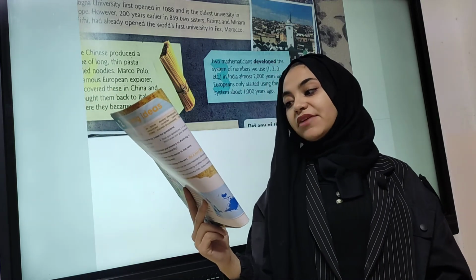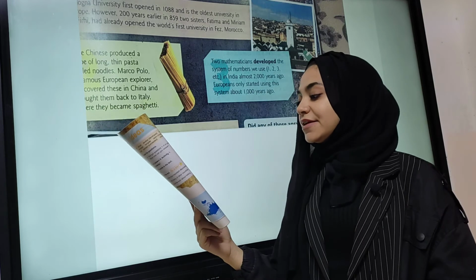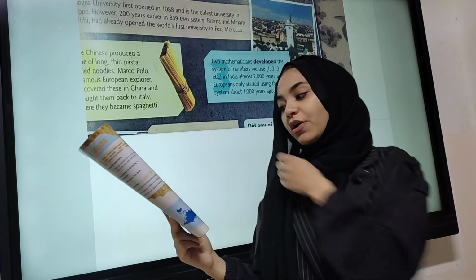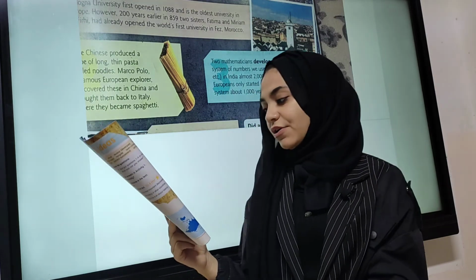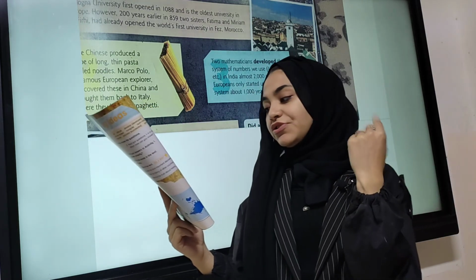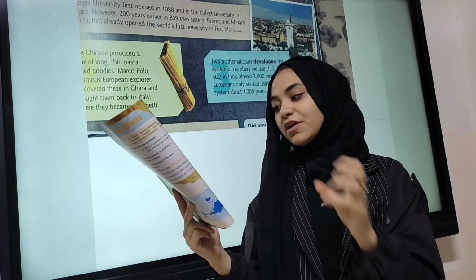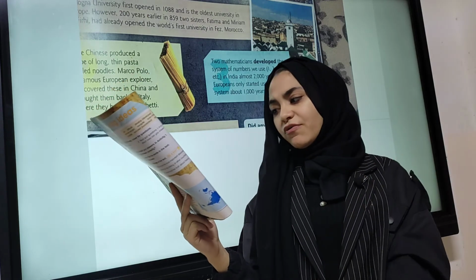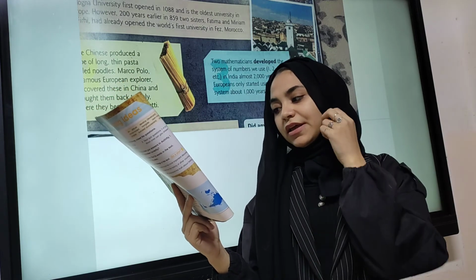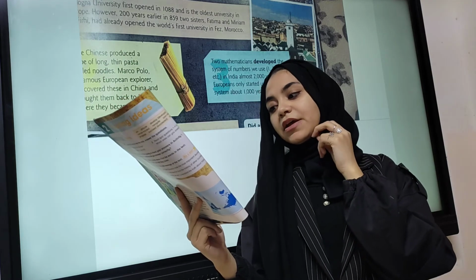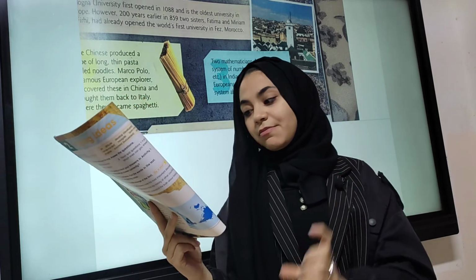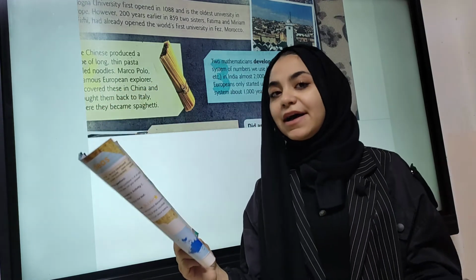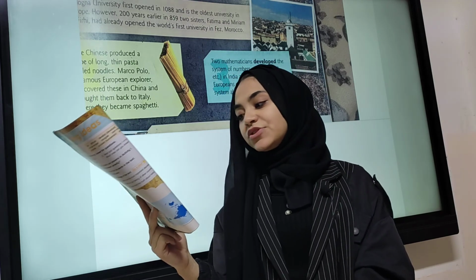In 1897, he showed everyone his ideas about radio. However, 2 years earlier, Alexander, a Russian professor, had already succeeded in making a radio. Who's Alexander? He's a Russian professor.